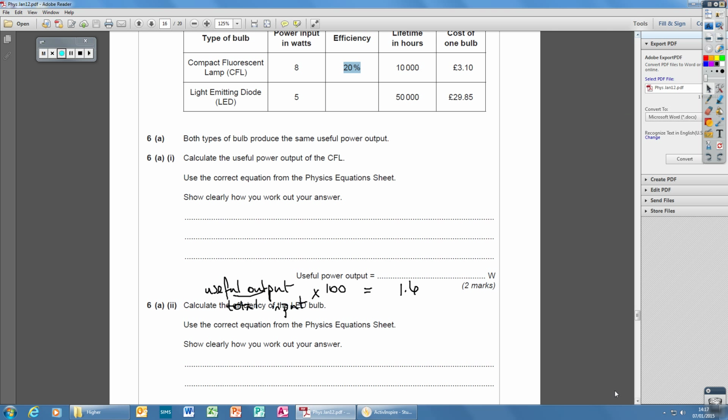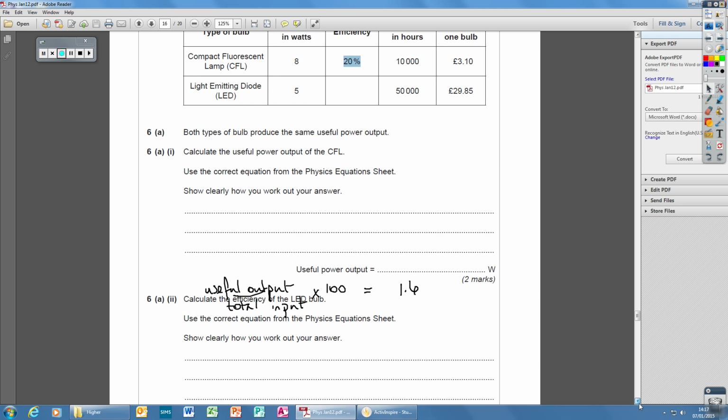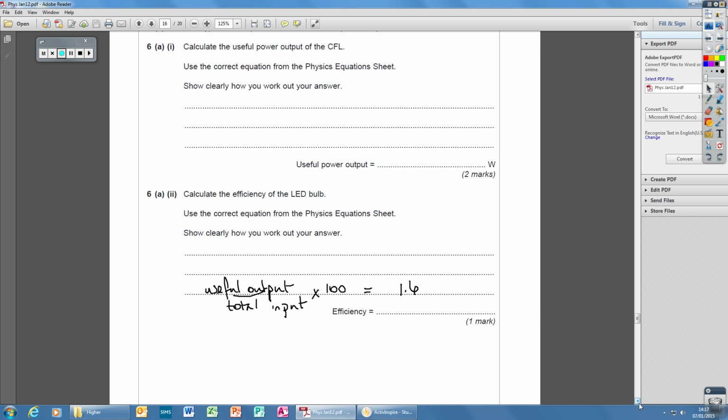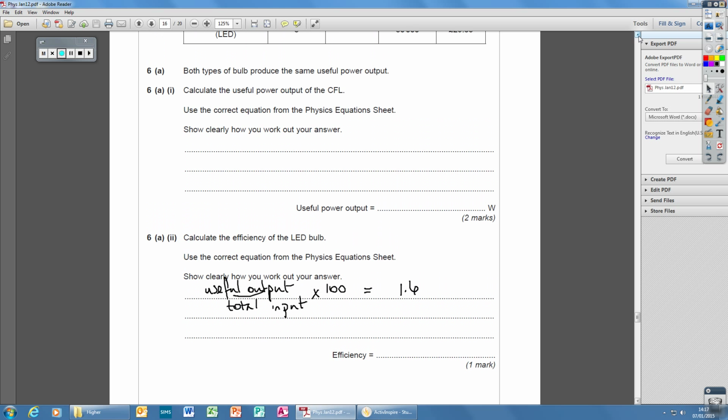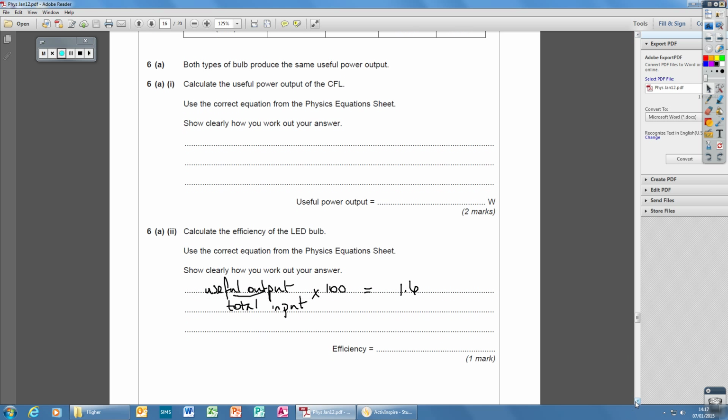The actual power though of the LED is 5 watts. So the input is 5 watts. So if I put that in now, 1.6 divided by 5 multiplied by 100.